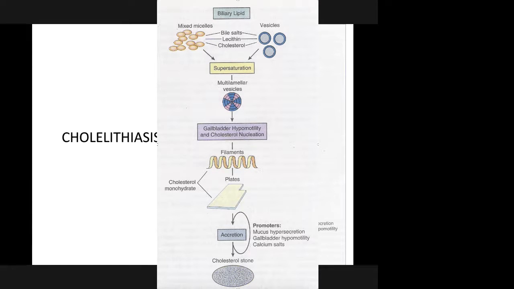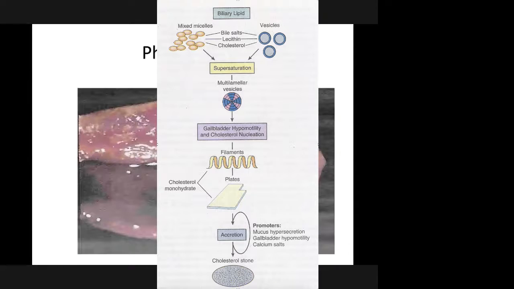The bile lipids, added to the bile salts, lecithin and cholesterol, lead to supersaturation of cholesterol, and multilamellar vesicles will form. This is added to gallbladder hypomotility and cholesterol nucleation.